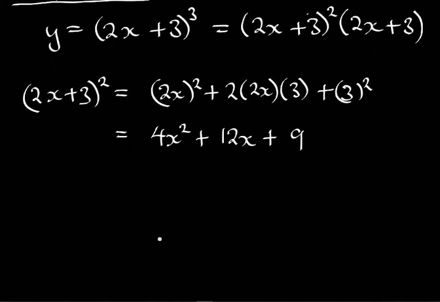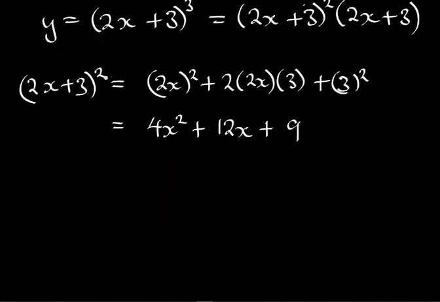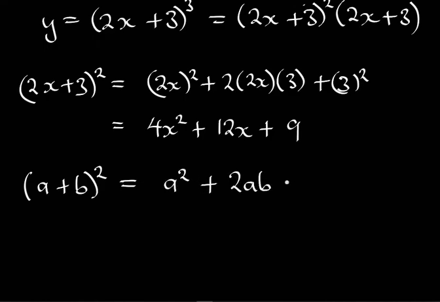It's kind of a longer method. Notice how I found the answer of this very quickly. I used what is known as the binomial theorem, but you can just think of it basically like a formula. If you have a plus b raised to the power 2, your answer is going to be a squared plus 2ab plus b squared.